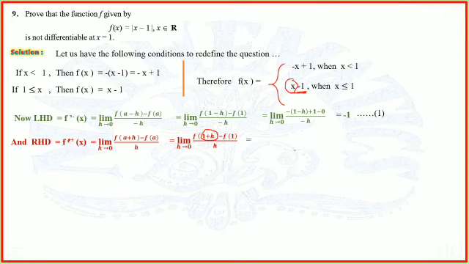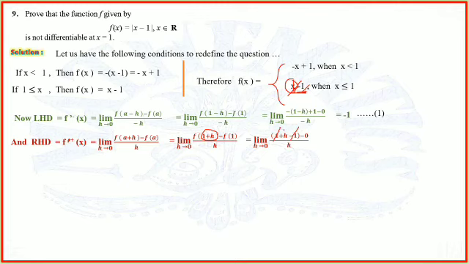So here we go, limit h tends to 0. In place of x, we have 1 plus h. Then minus 1 is outside, minus f of 1. F of 1 means the value of x is 1. Again 1 and 1 cancel. So it is 0 upon plus h. Then minus 1 and then plus 1 is also cancelled.